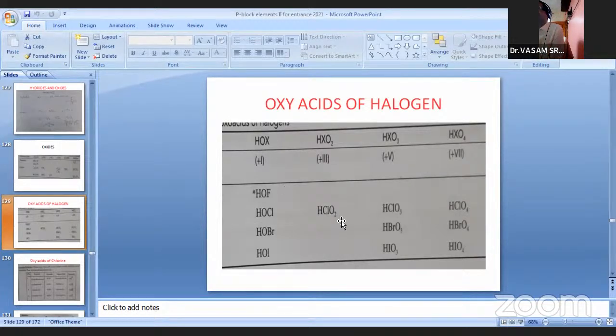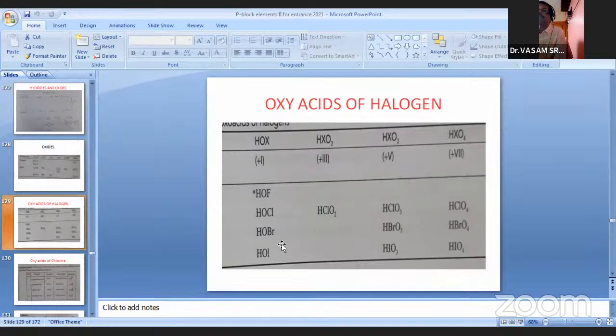HOX, HOCl, HClO2, HClO3, HClO4. The names are hypochlorous acid, chlorous acid, chloric acid, perchloric acid. The first two acids end in ous, hypochlorous and chlorous, and the last two end in ic, chloric and perchloric. So hypochlorous acid, chlorous acid, chloric acid, and perchloric acid.